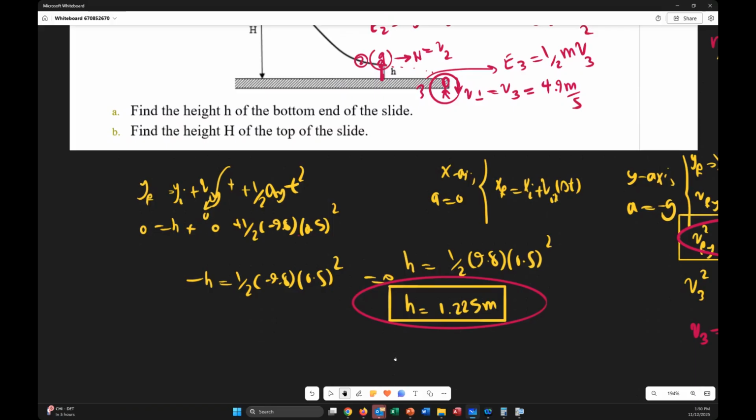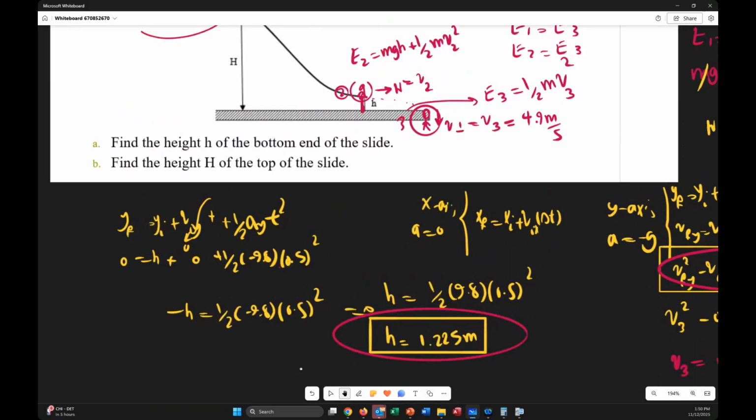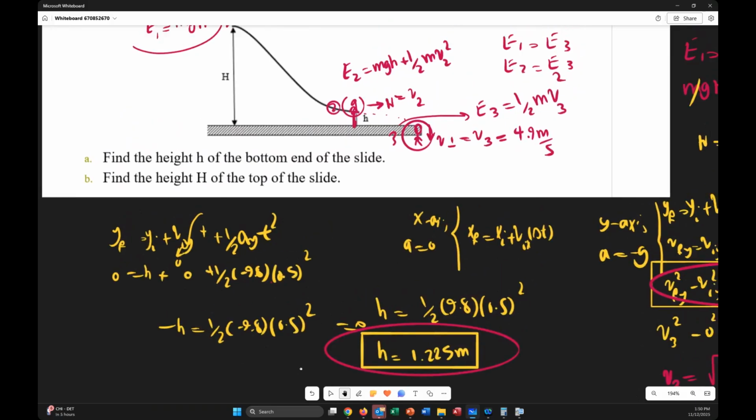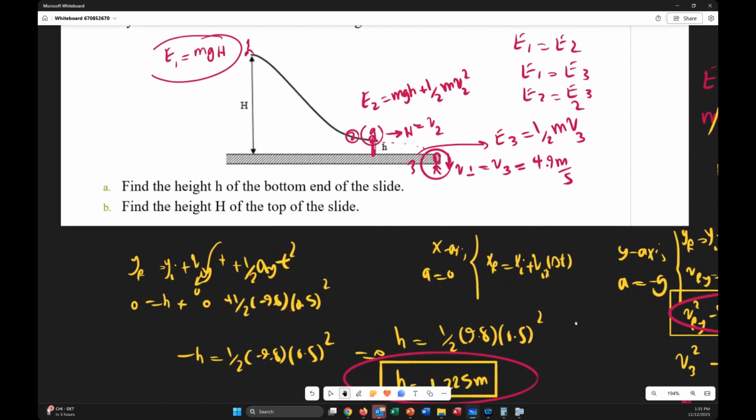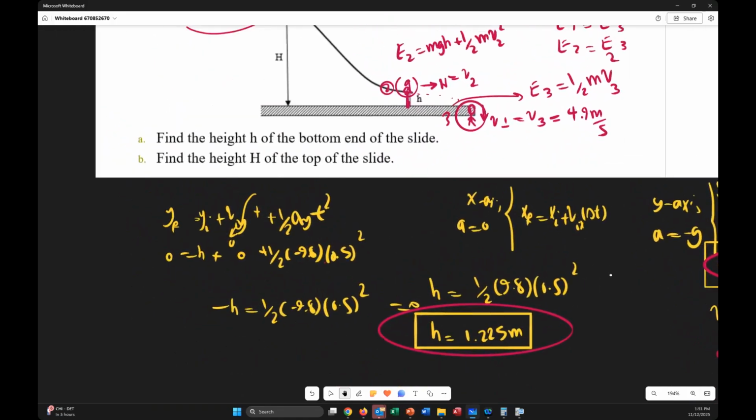Let me see what we missed. yf equals yi. Oh, probably the viy is not 0.